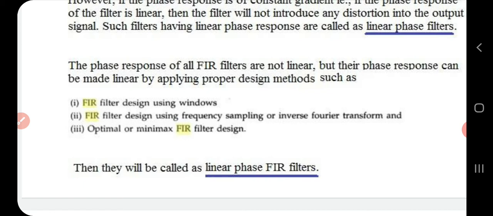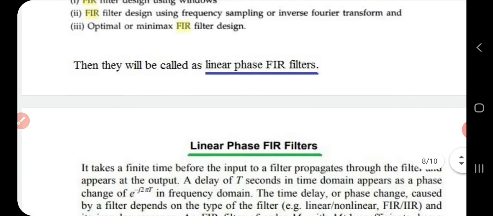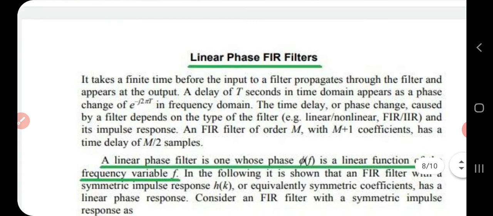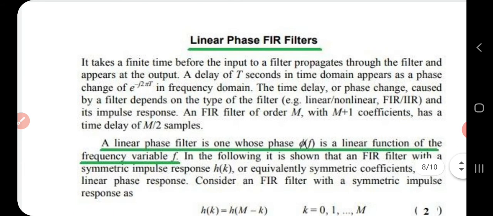So using these design techniques, the phase response of FIR filters can be made linear. Once the phase response is made linear, the FIR filter is called a linear phase FIR filter, where the phase is a linear function of frequency. Okay. Now let us study in detail about linear phase FIR filters.